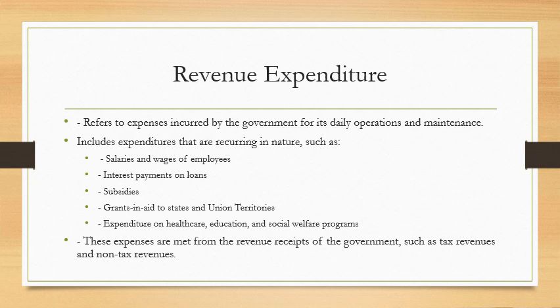In expenditure, there are two types of expenditure. The first one is revenue expenditure. All the expenses incurred by the government for its day-to-day operations are called revenue expenditure.